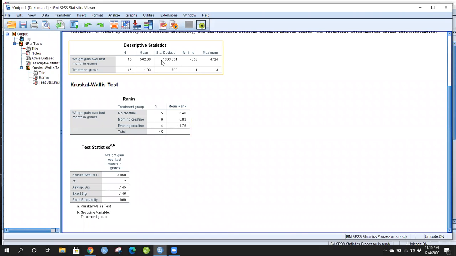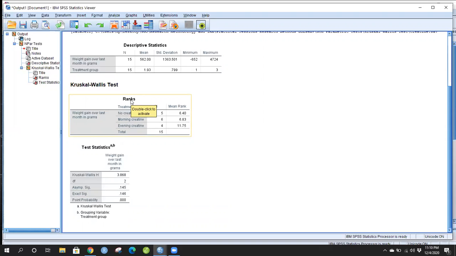The first table is of descriptive statistics, which just tells you the descriptives of both the variables. You can just have a look at it: the minimum weight gain was this much, the maximum was this much, the mean weight gain was 562, and so on. Then we talk about the working of the Kruskal-Wallis test. As I said, it works out ranks.